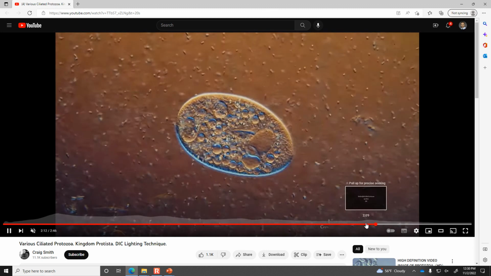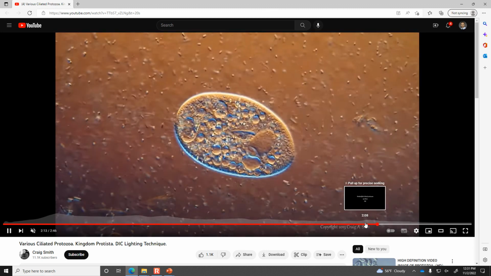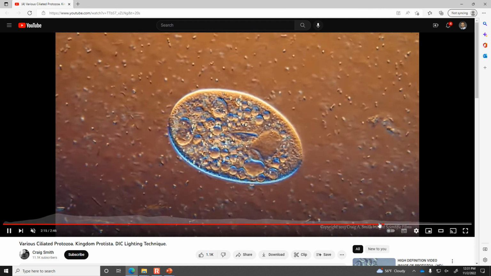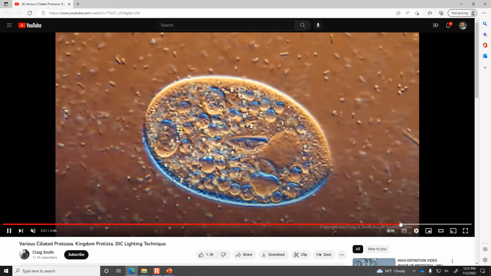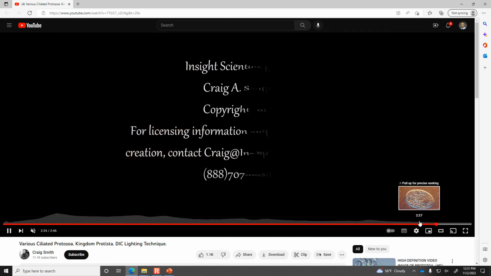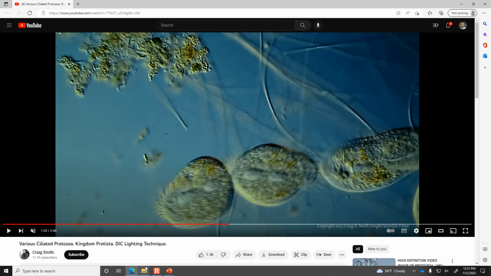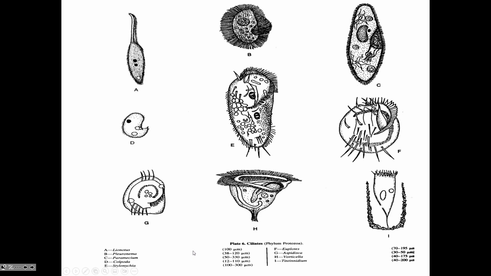Well, let's see. They were saying the magnification here is 250 to 800 times. I don't know, they're pretty small. Okay, this gives an idea of some sizes, in the range of 100 microns.